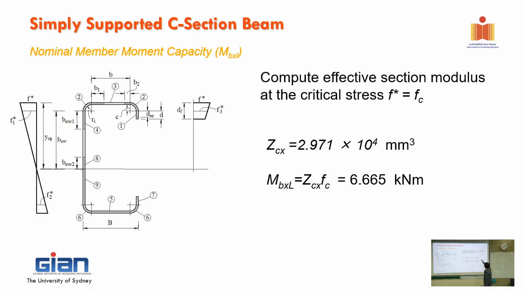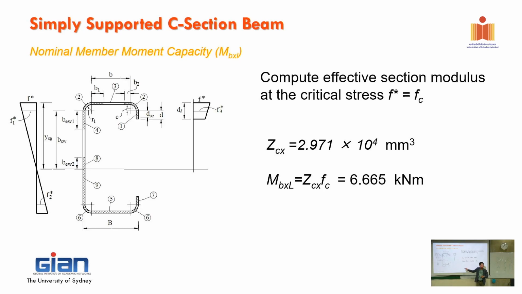And from that we can calculate the capacity here, by taking Fc times Zc, extended here, all right? So this one, do you remember what the equivalent in the column is? The effective area of the section when it is at the critical stress, not the yield stress, right?